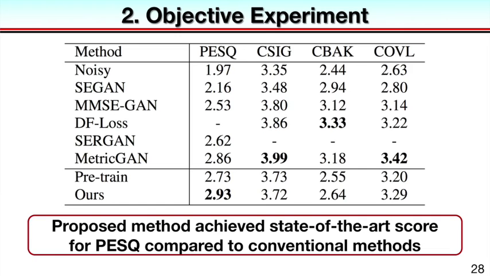From the table, the proposed method achieved the state-of-the-art score for PESQ compared to the conventional methods, although the proposed method did not outperform conventional methods on the other measurements. It is a straightforward result because the proposed method in this experiment was specialized to PESQ and did not take the other scores into account.